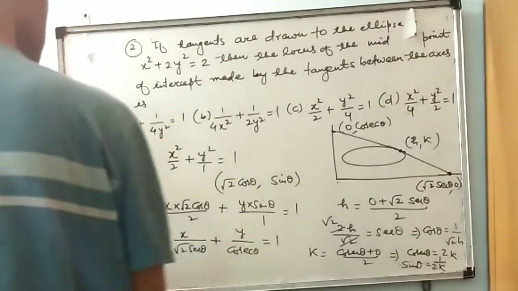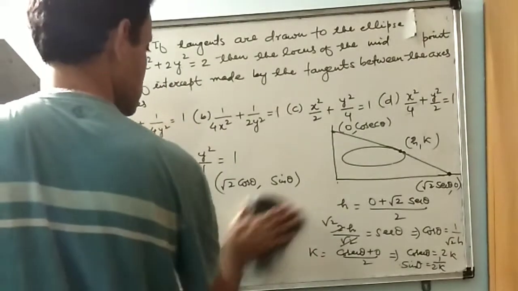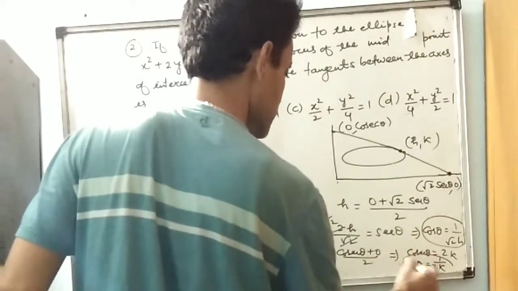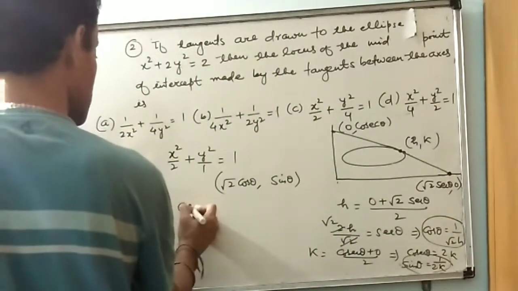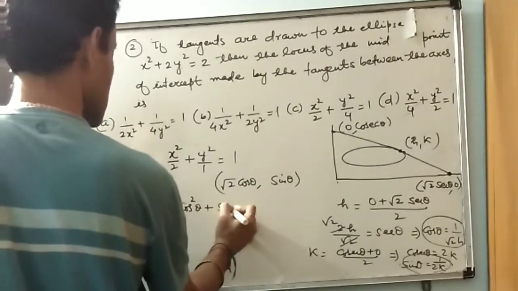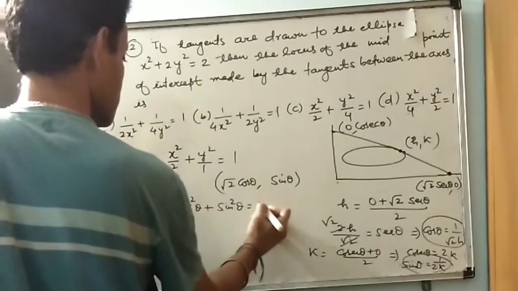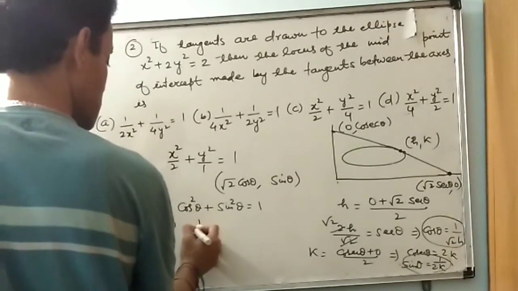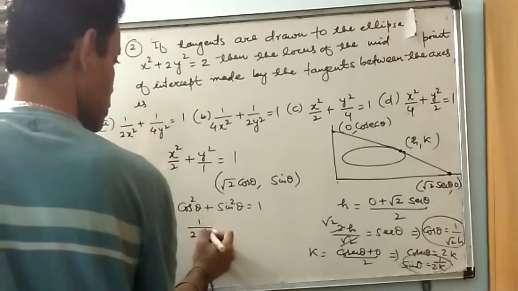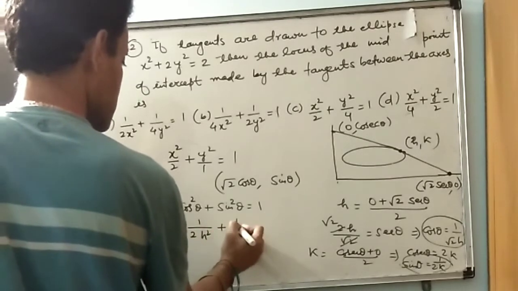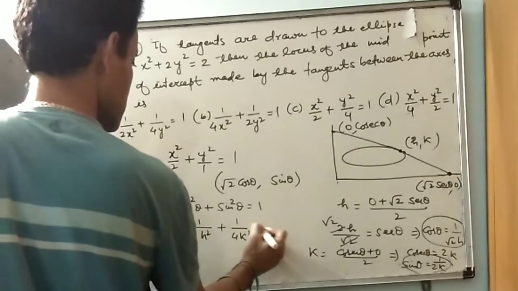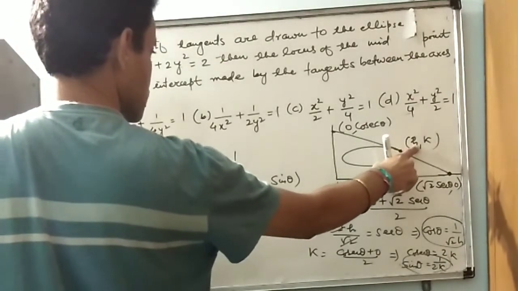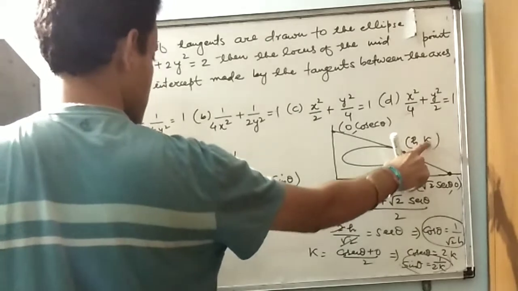Now when we put these two, cos theta and sin theta, in the relation cos square theta plus sin square theta is equal to 1, we are getting 1 upon 2h square plus 1 upon 4k square is equal to 1. h is the representation for x, k is the representation for y.